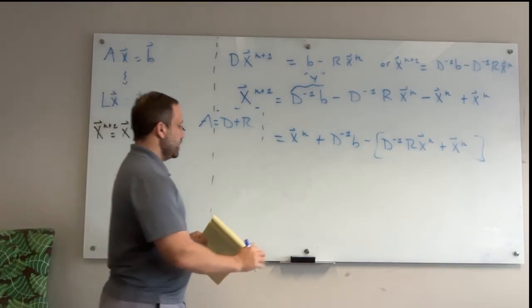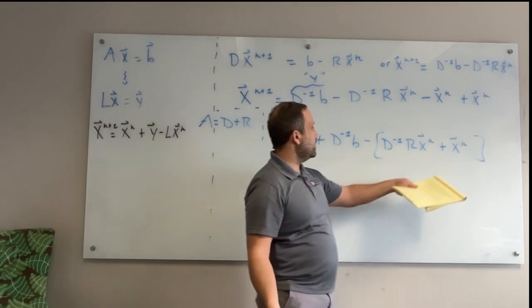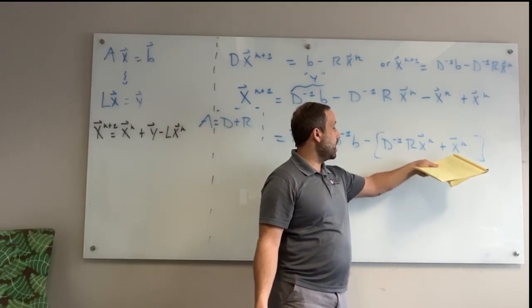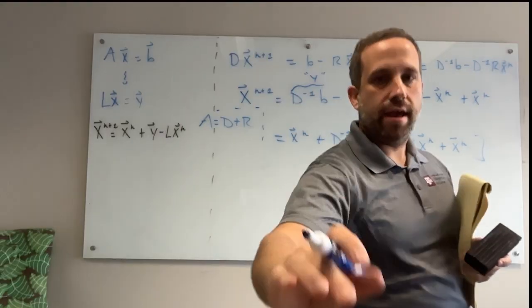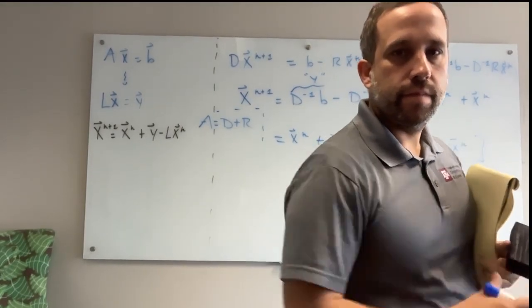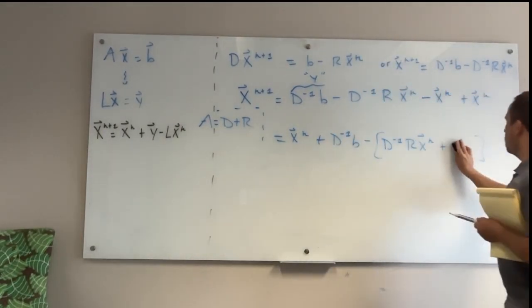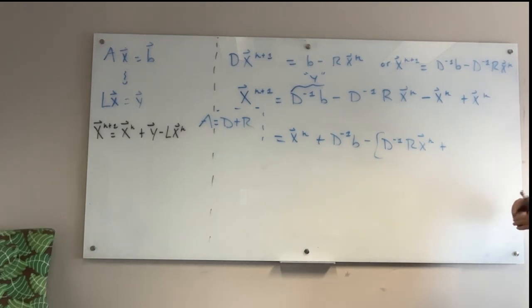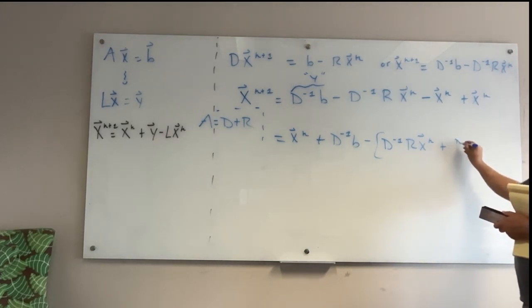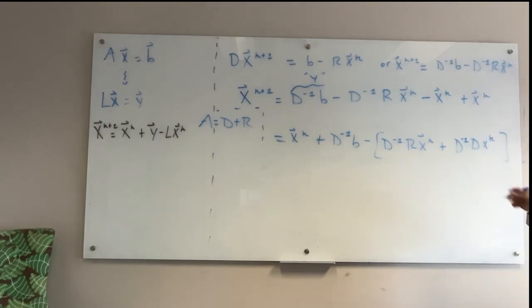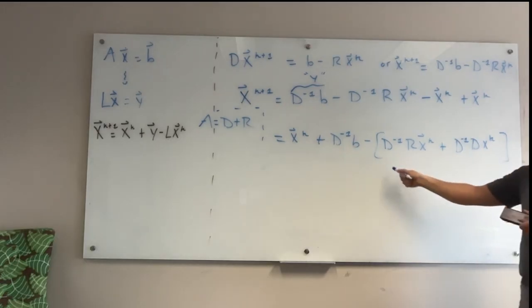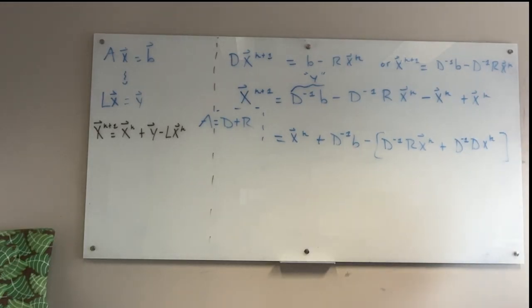Okay, so what I can do over here is, for x_k, I can write this as D inverse times D times x_k. There was just an x_k there. I can write it as D inverse times D x_k. Now using distributive laws on the next line, I'm going to factor the D inverse out over here, and I'm going to factor the x_k out on the right-hand side.